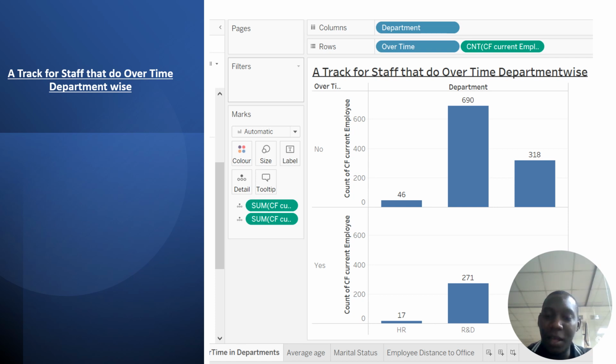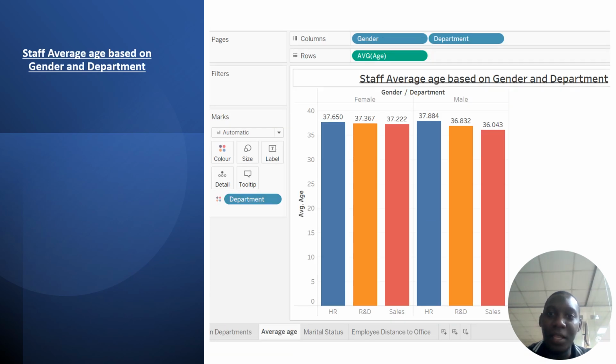The next scenario I looked at was about the average age based on gender and department. With this, I tried to get the average of different departments. There are three departments: HR, sales, and then R&D.